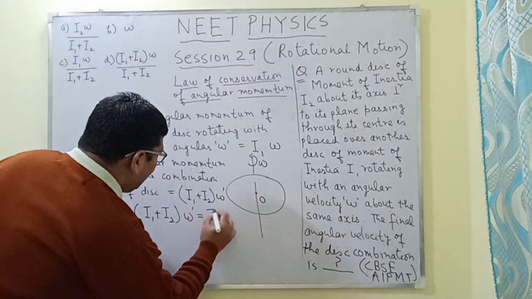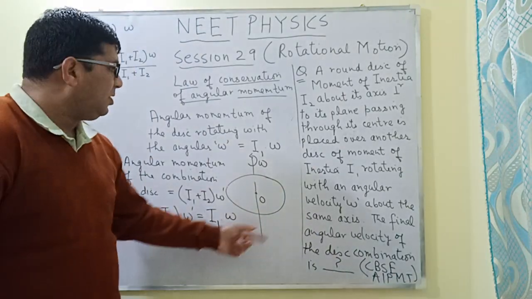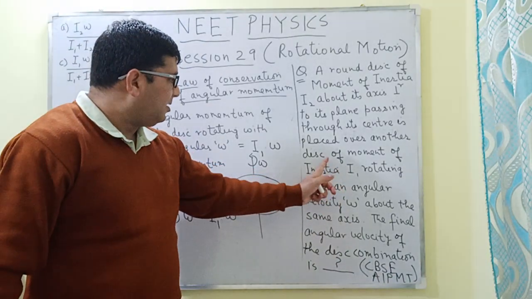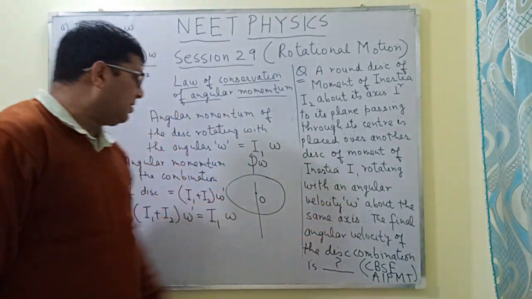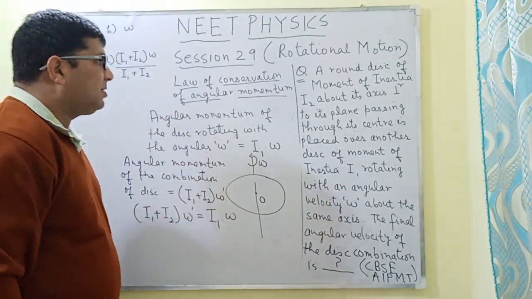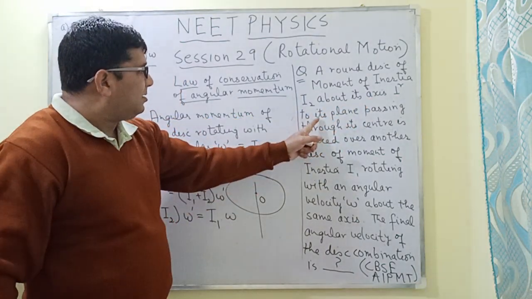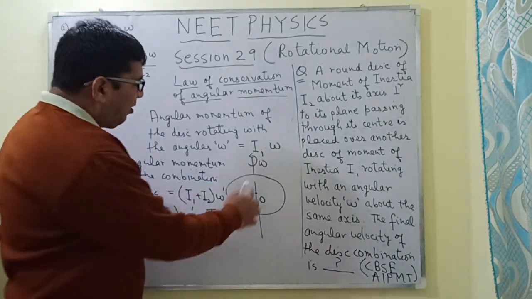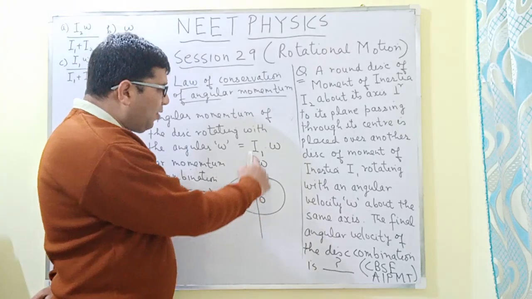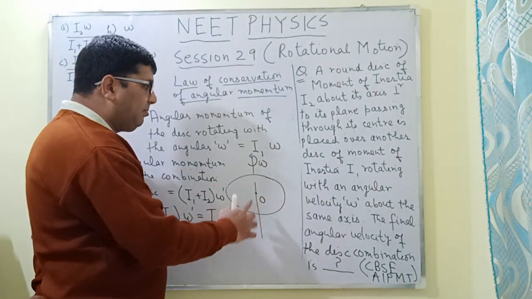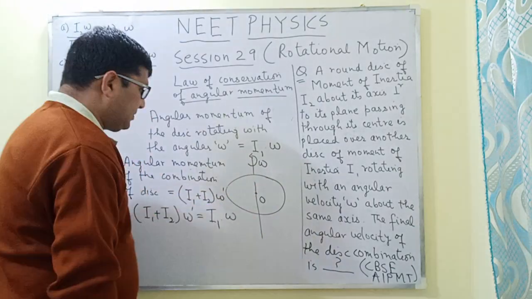This is the angular momentum of the disk having moment of inertia I1, which was rotating about the axis perpendicular to its plane. The axis of rotation of both these disks is the same, and the axis is perpendicular to the plane of the disk.